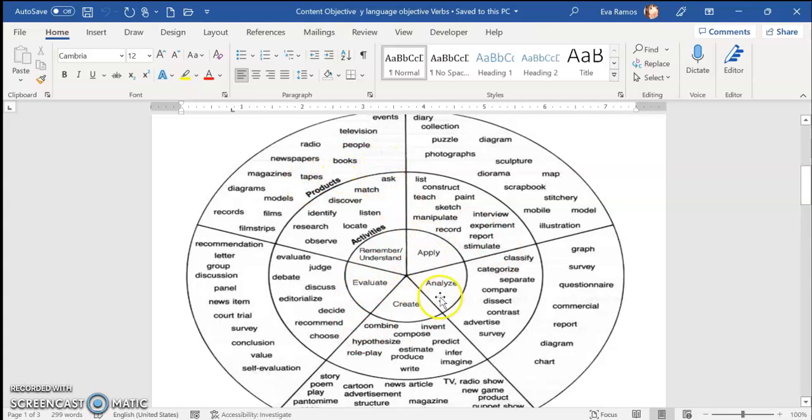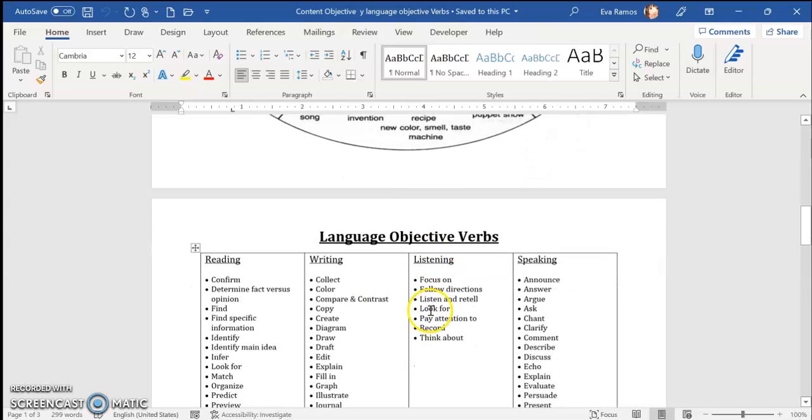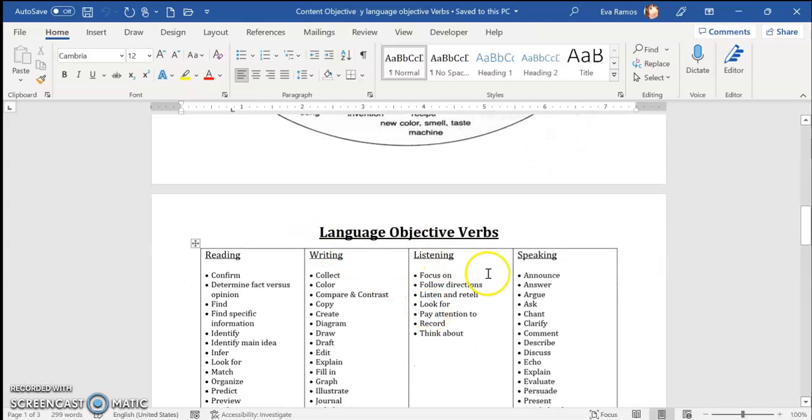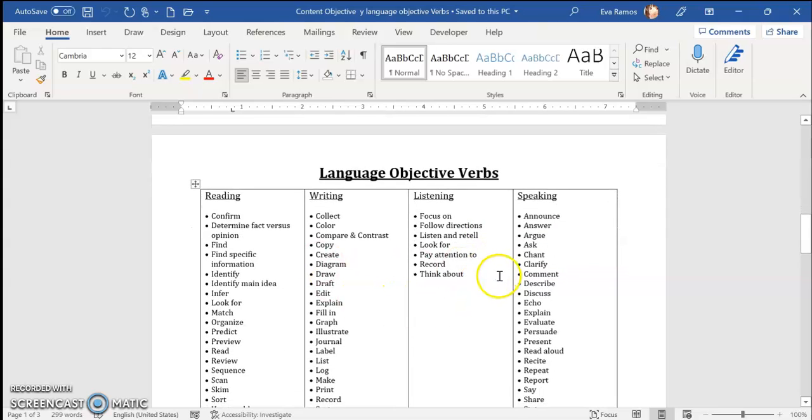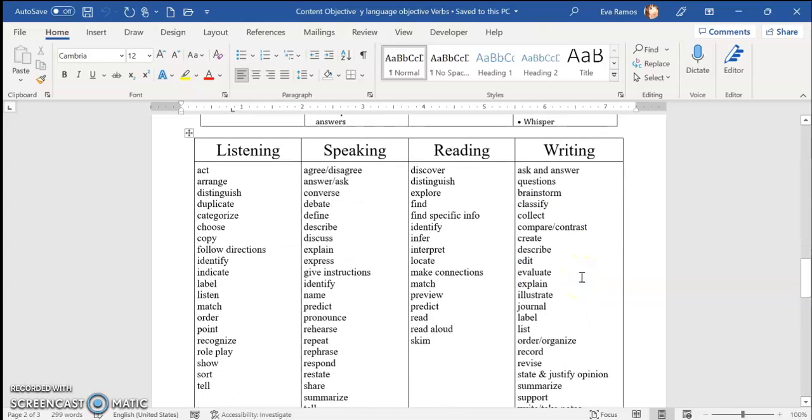These are the verbs, activities, and products. But also, in case you are still using the SIOP just like me, here are some language objective verbs that you can use as a reference, also organized by skill.